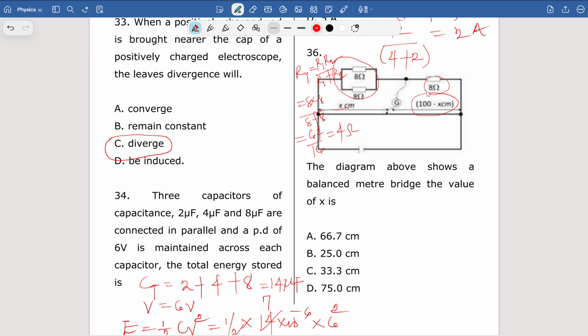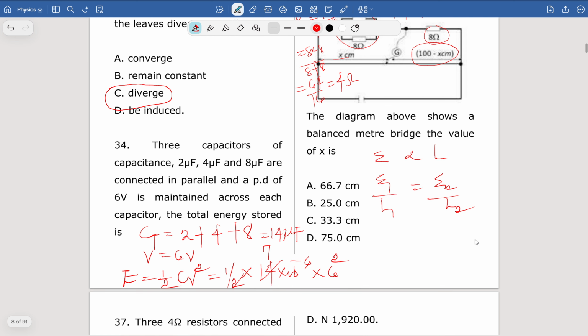So that means 4 against X. So you want to be sure that the EMF is proportional to the length as the case may be here. So E1 over L1 is equal to E2 over L2. So what is E1 in this case? We've calculated the first one there, that is 4.